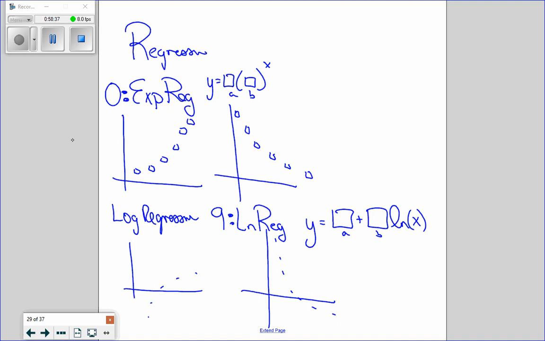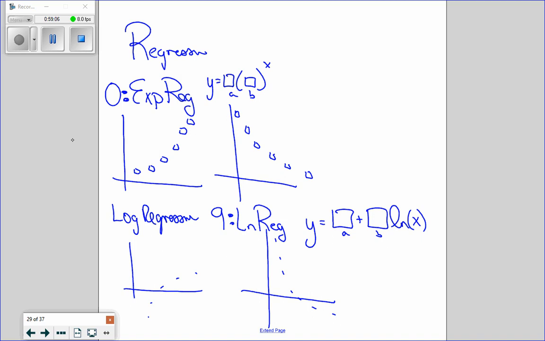So do you remember in polynomials? In polynomials, it would sometimes just say a polynomial regression, and you had to decide if it was linear, quadratic, or cubic. They won't do that with this. They will tell you if it's exponential regression or log regression. You just got to make sure that you pick the right choice. So pick either 0 for EXP reg or 9 for ln reg.